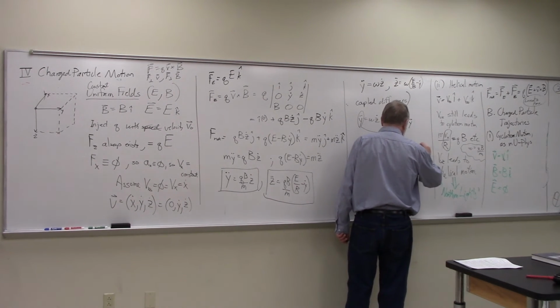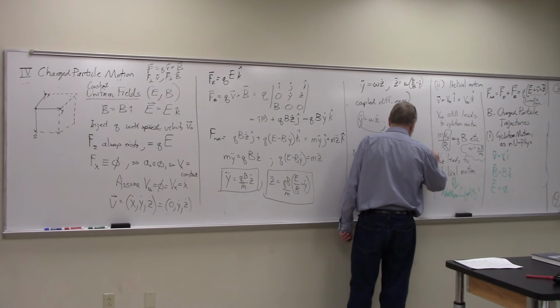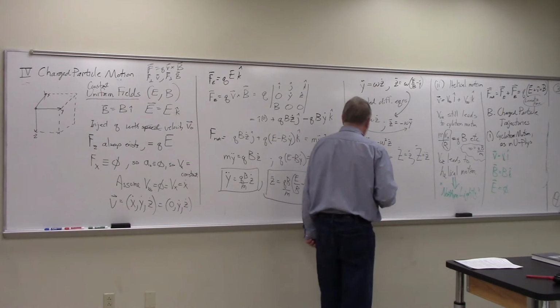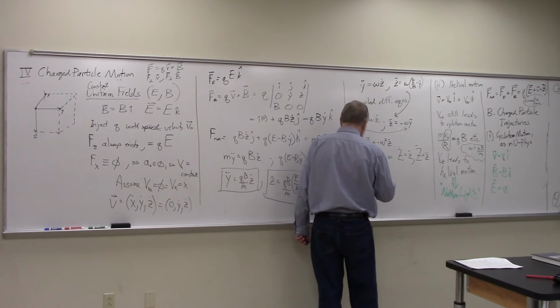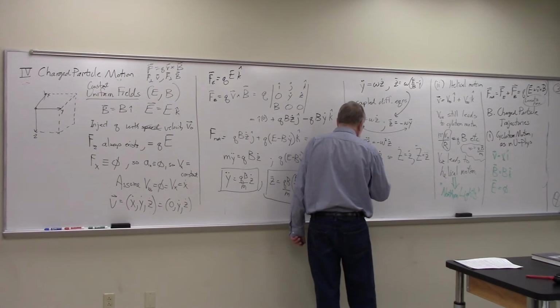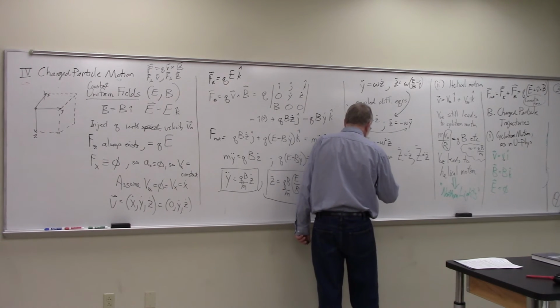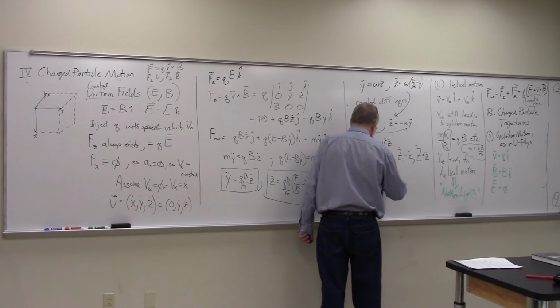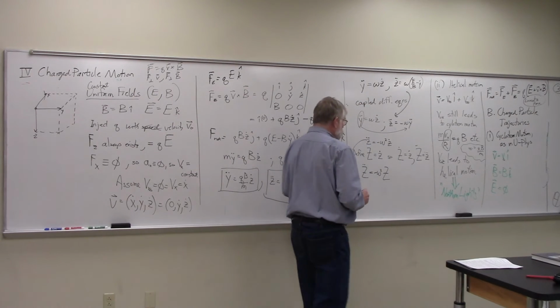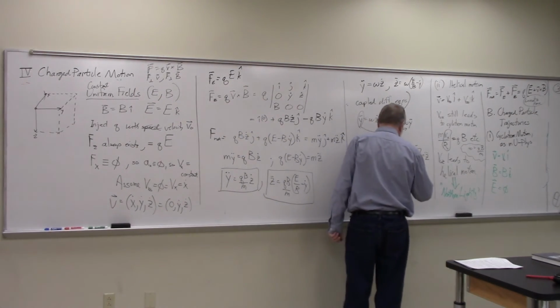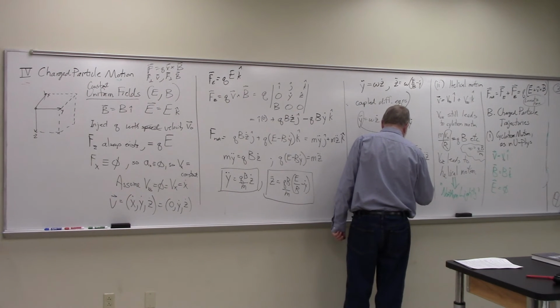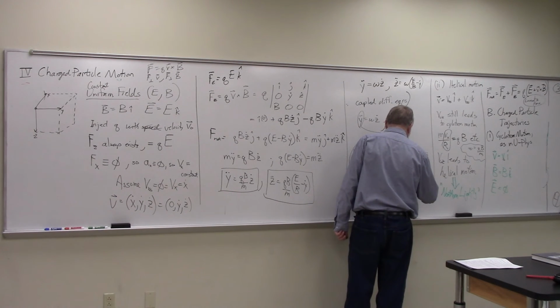And big Z double dot is little z triple dot. So little z triple dot is big Z double dot, and little z dot is big Z. And you should recognize that equation. Maybe if I wrote it like this, d squared Z over dt squared equals minus omega squared Z.